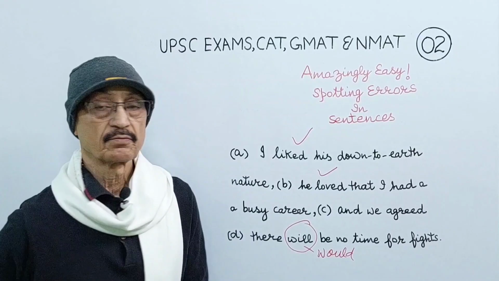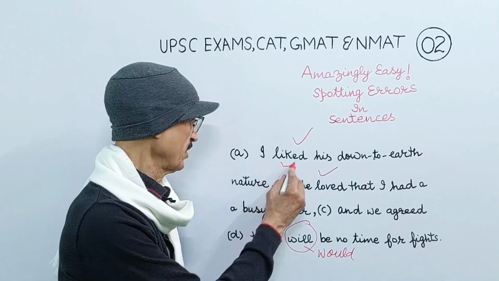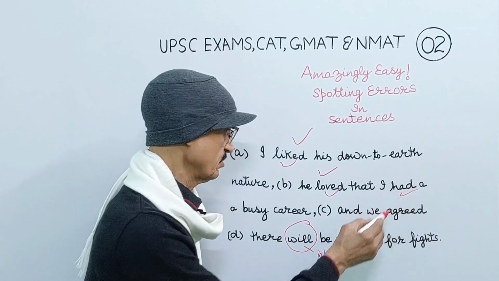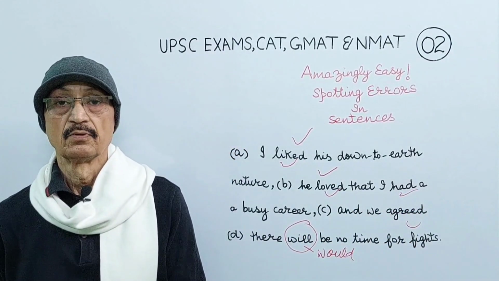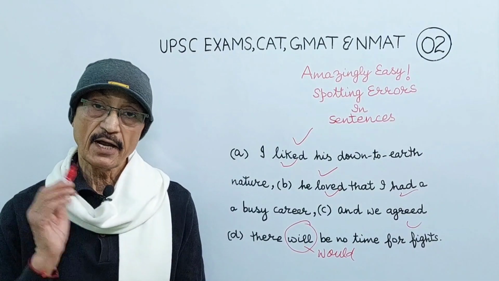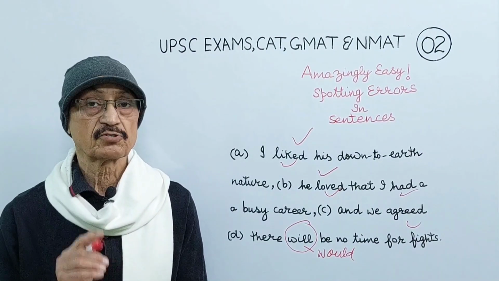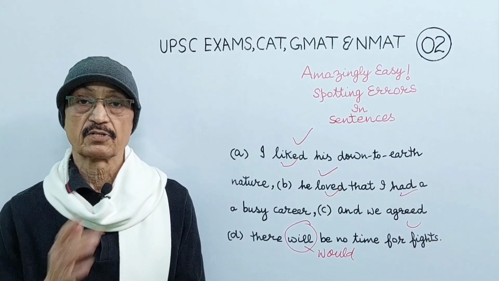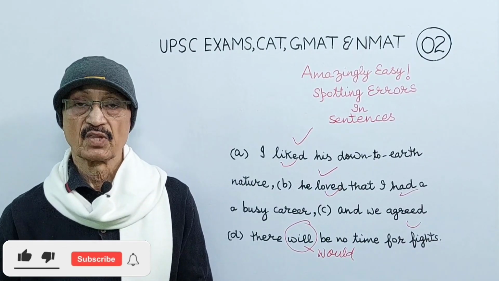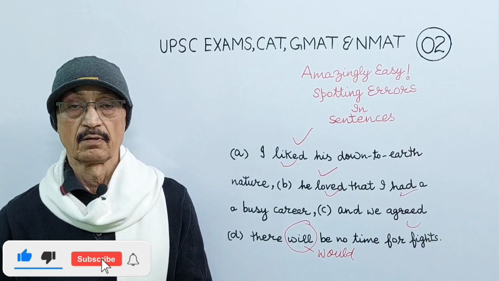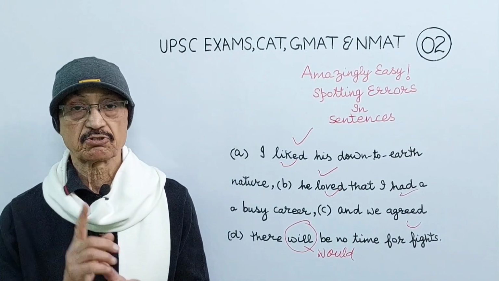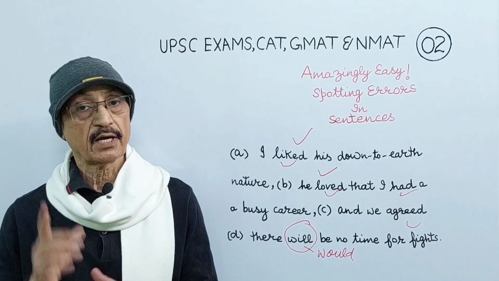In part A, liked is simple past tense, this again shows simple past tense, this shows past tense, this shows past tense. So, you will have to use the past tense of will, that is would. So, this was the correction. This is the way you should always try to detect an error in any given sentence.